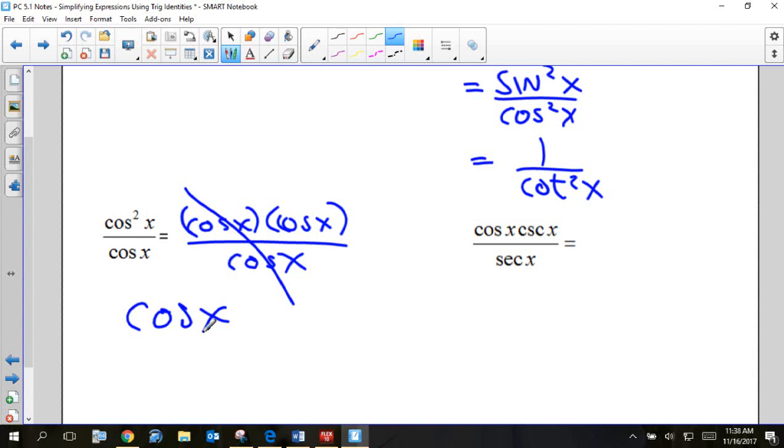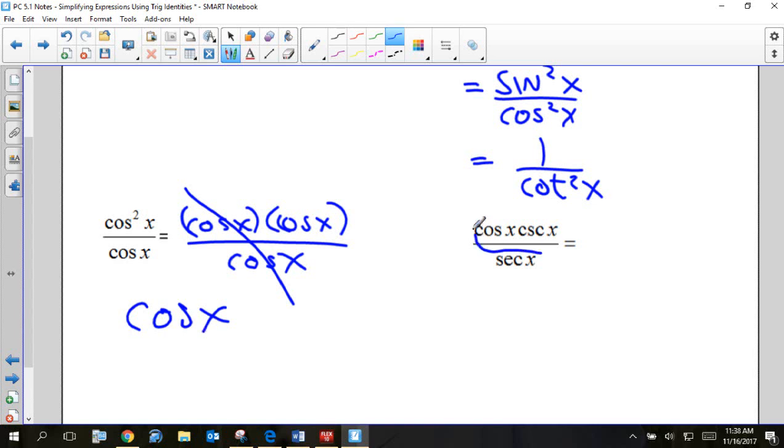And then this last one is one that saves me a lot of time, if you can understand it. So you have secant x on the bottom. What's secant x the same as? Same as 1 over cosine, except secant x is already on the denominator.